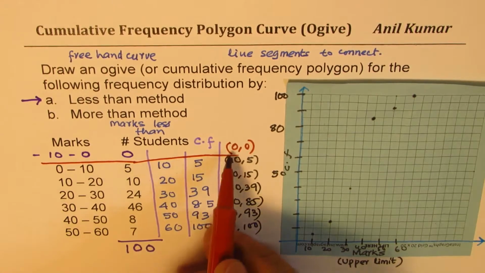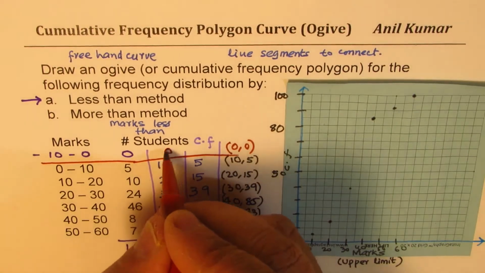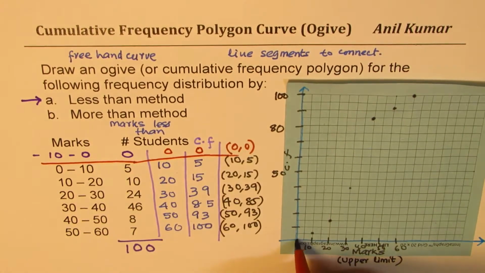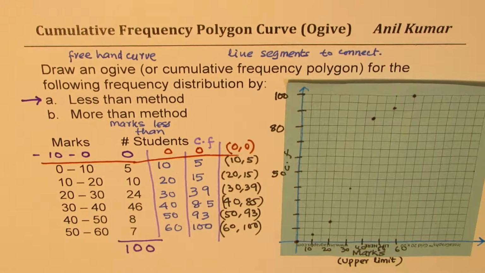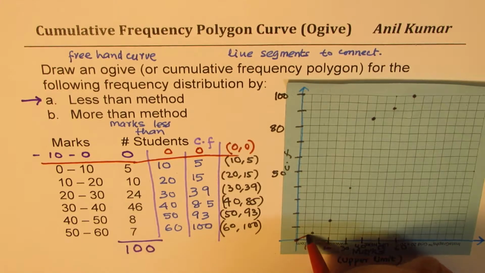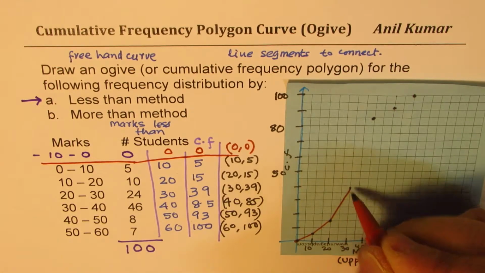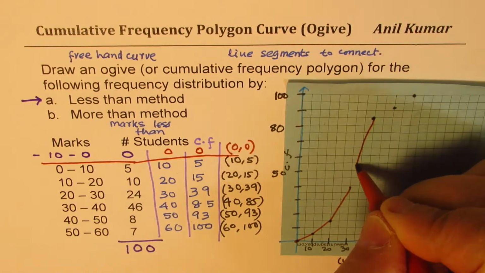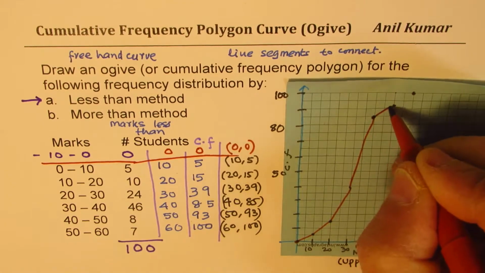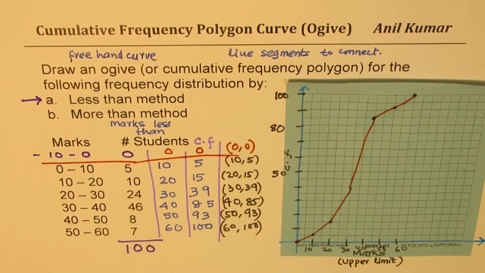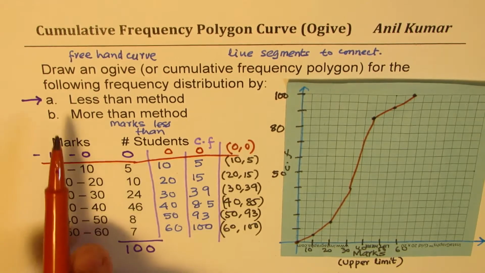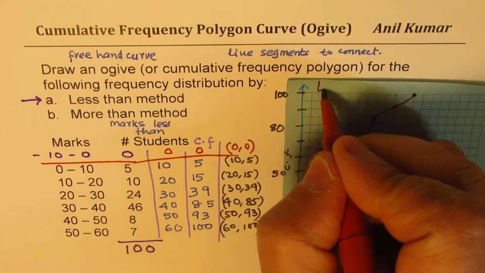You should always have this point in your graph, correct? Now let's connect. So this is how we connect them, simple as that. That's it. So that becomes your ogive, and this one is for the less than method.